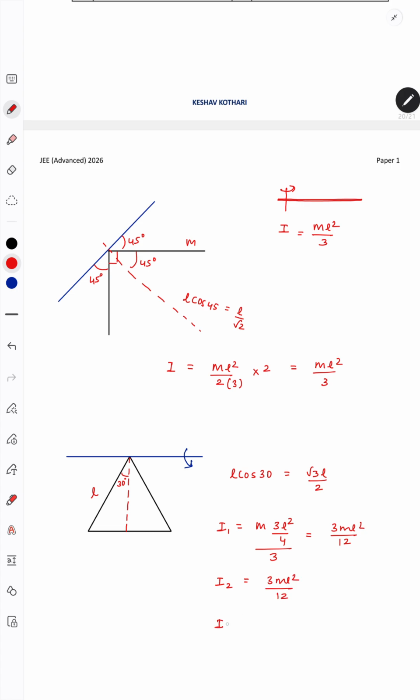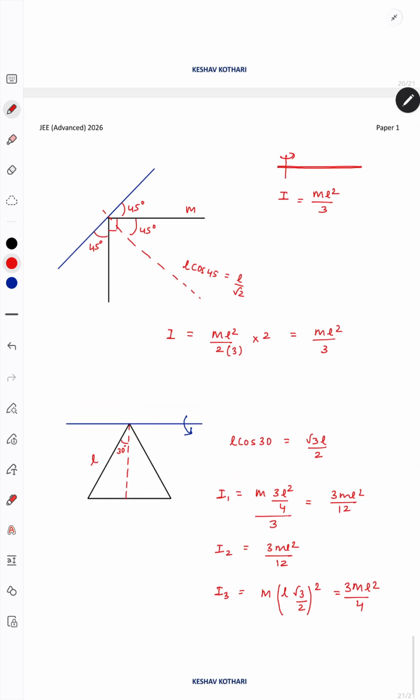And for the third rod, which is this rod at a distance, this is the distance which we can say is L cos 60 and L sin 60. So we can simply say mL square, L sin 60 means root 3 by 2 square. So mL square, we can say 3 mL square by 4.